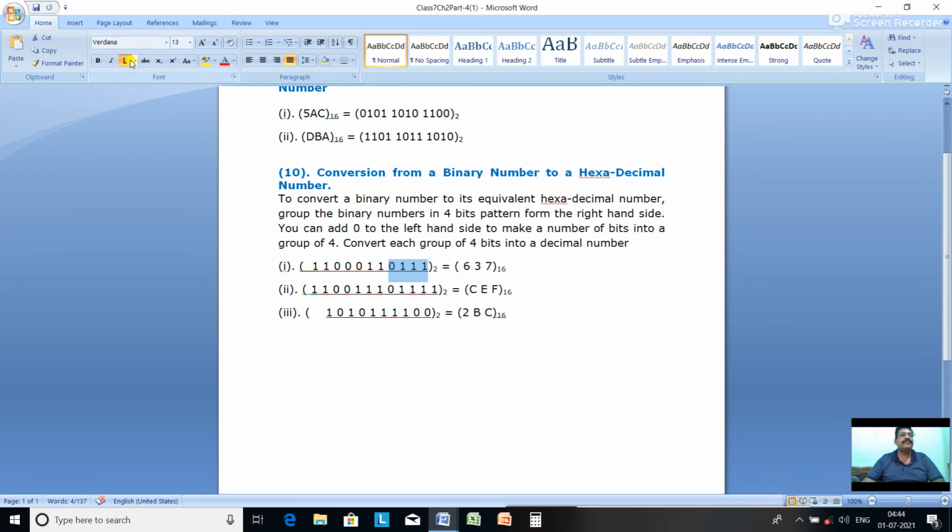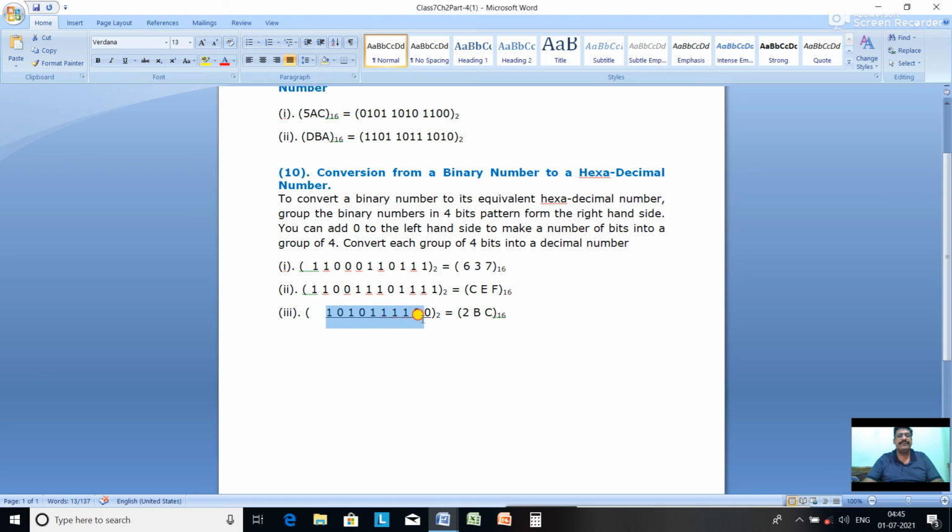So let us see. First group. This is the first group. It is already underlined. This also we can underline in the group of 4 bits.